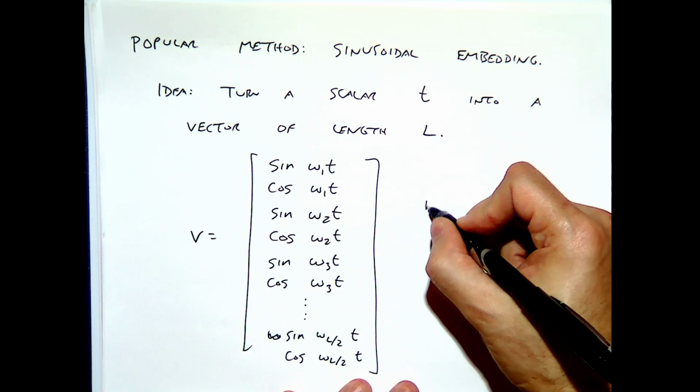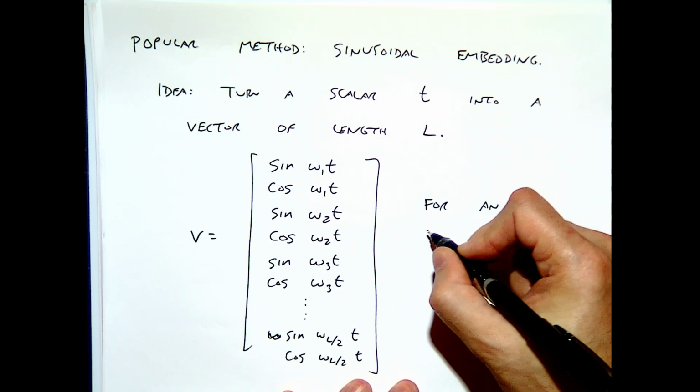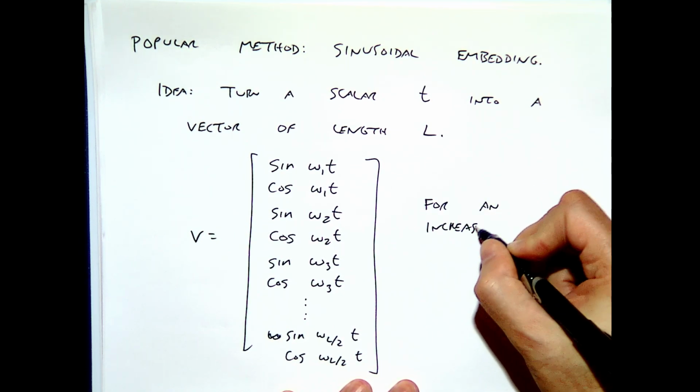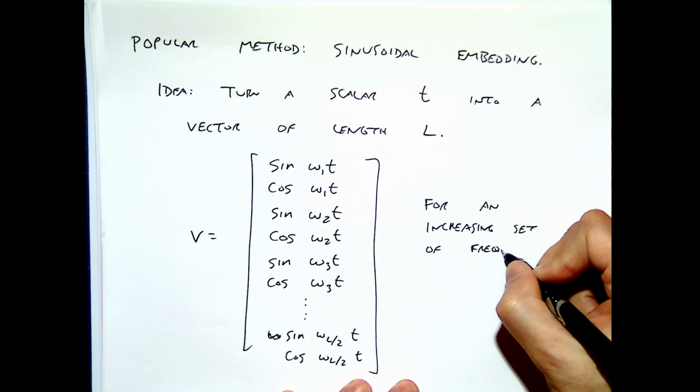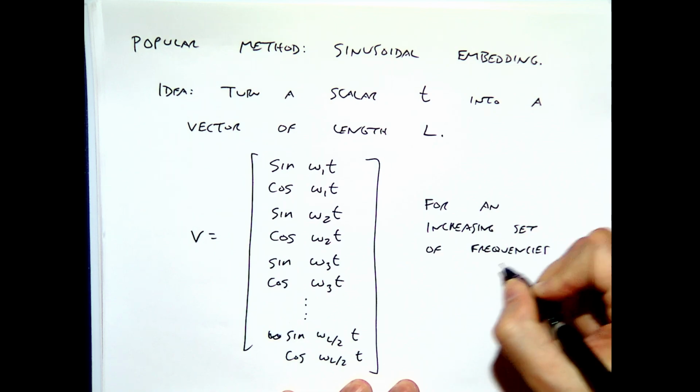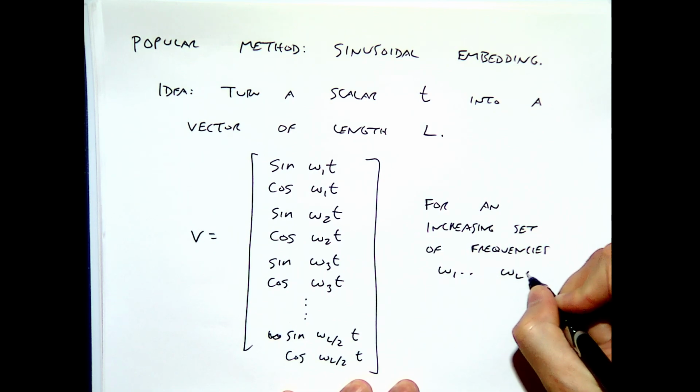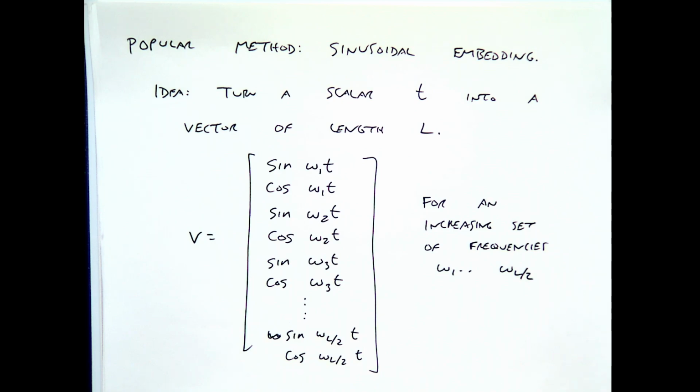What I do is I have an increasing set of frequencies, omega 1 through omega L over 2. In some sense this is like saying I have a set of sinusoids going from low to high frequency, and I take my value t and evaluate where those sinusoids are at point t, for all the sinusoids that I have.